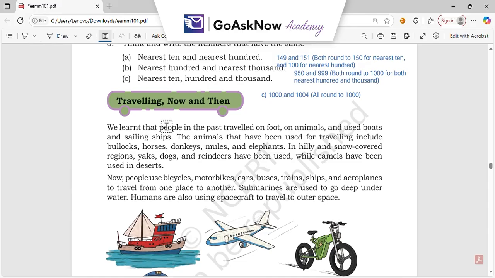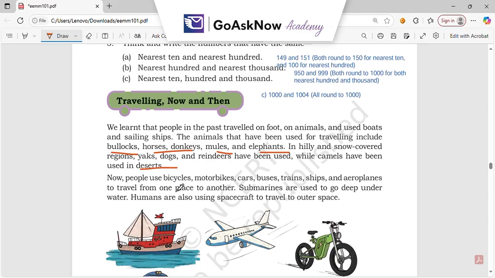Okay. Now, traveling now and then. We learned that people in the past traveled on foot, animals, boats and sailing ships. The animals used for traveling include bullocks, horses, donkeys, mules, and elephants. In hilly and snow-covered regions, yaks, dogs, reindeer have been used, while camels for deserts.